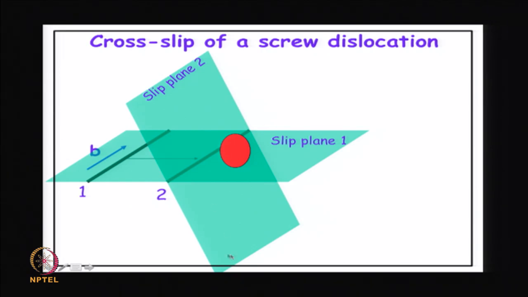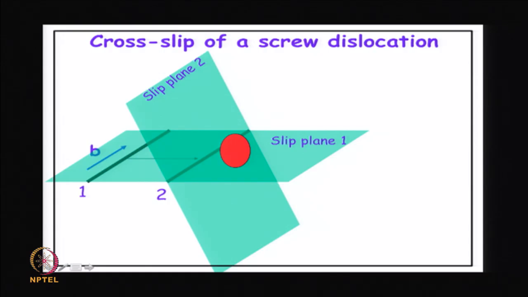And if the applied shear stress is sufficient for it to move on this slip plane, then this dislocation can happily change from slip plane 1 to slip plane 2, and it will start moving in another direction on slip plane 2 to avoid this obstacle.